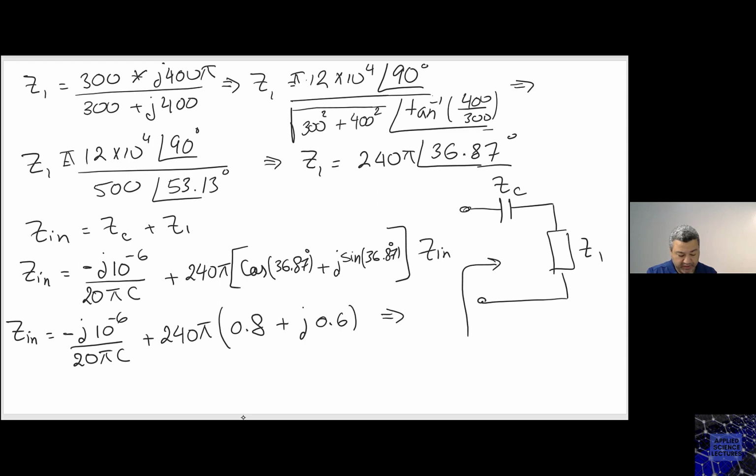So in this case, we have Zn as minus j over 20 pi C, and 240, let's leave the pi, 240 times 0.8 as 192 pi plus j 240 times 0.6, 144 pi.